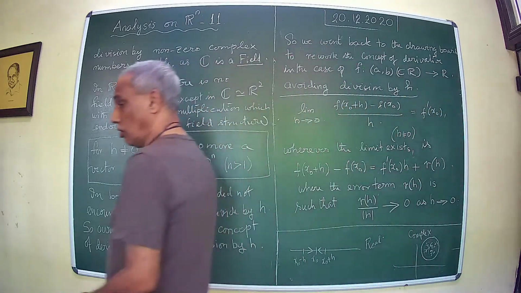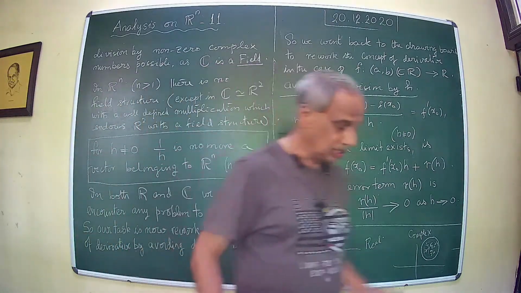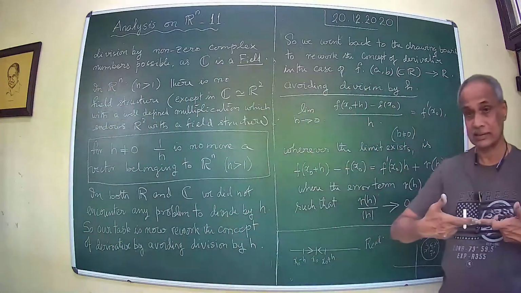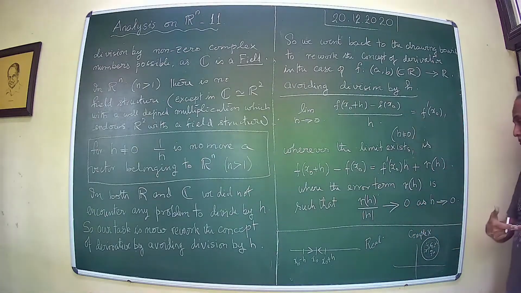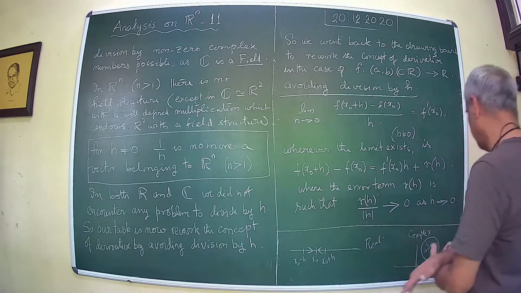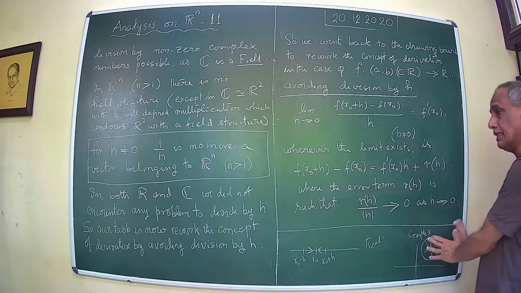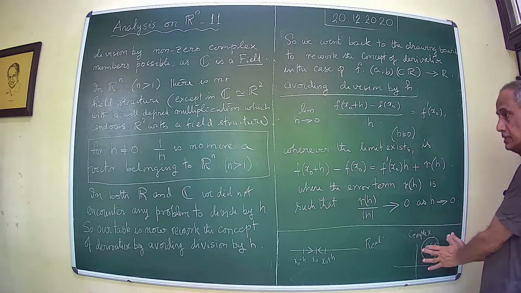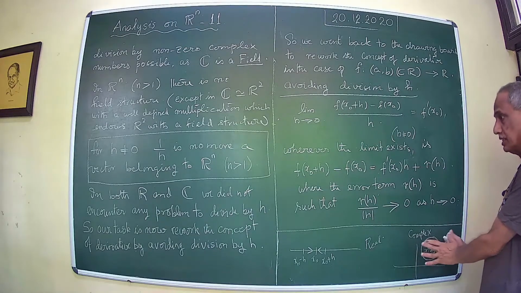It's an awful demand. A lot of conditions are there on that. It's not like h going to 0 from the two directions. It's actually from all sorts of directions. So that's the problem. And so you see that the condition that you have in the complex case is very stringent the moment you say that h goes to 0, although it may look very innocent.